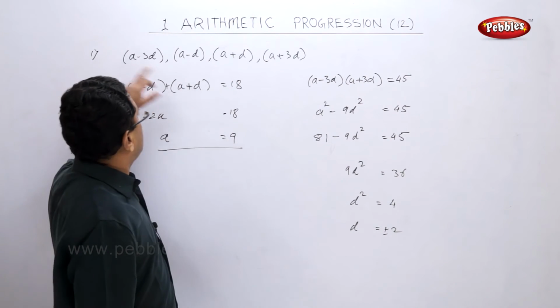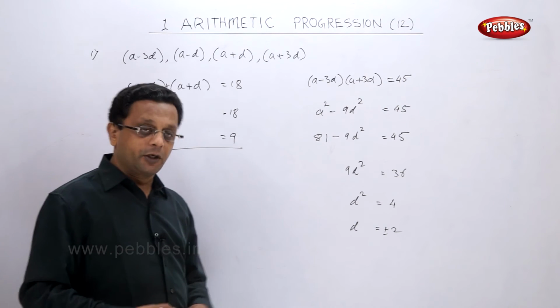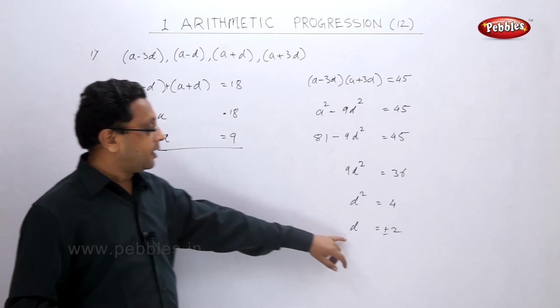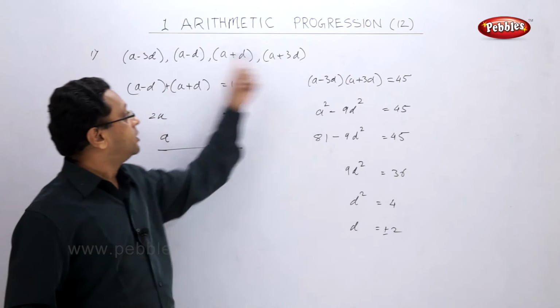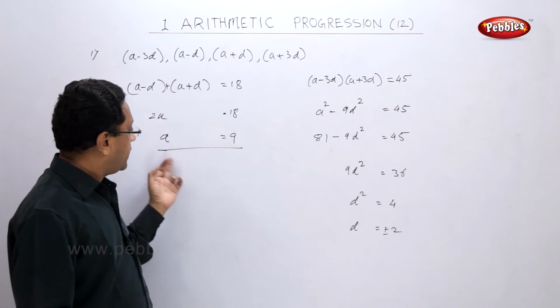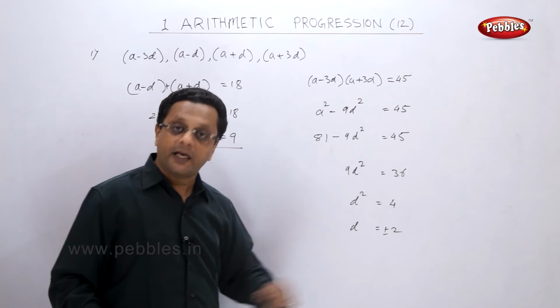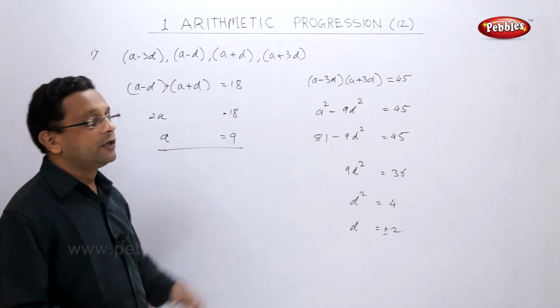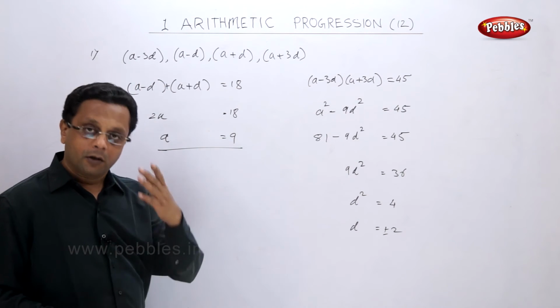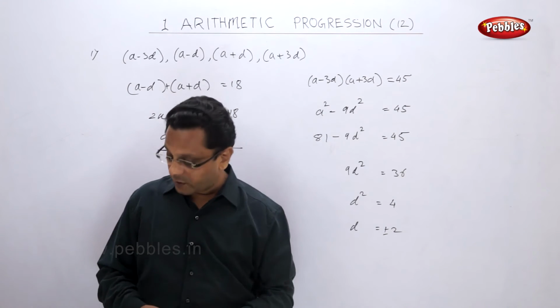Okay, so quickly pause your video here and substitute a is equal to 9 and d is equal to 2 first in this sequence, and then a is equal to 9 and d is equal to minus 2 in this sequence, and you will get two sequences. Pause your video and solve this quickly.